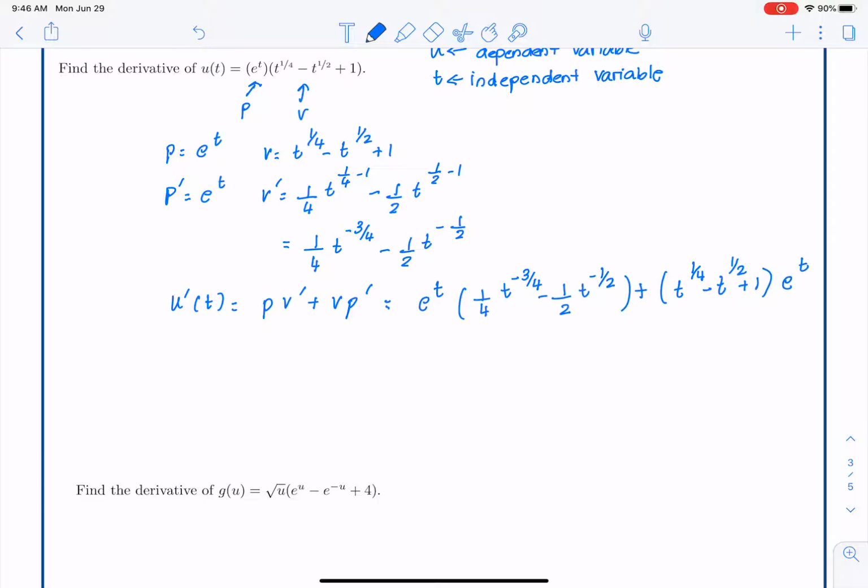We have an e raised to t in common, so I could pull that out, and I would simply have 1 over 4 t raised to negative 3 over 4 minus 1 over 2 t raised to negative 1 over 2 plus t raised to 1 over 4 minus t raised to 1 over 2 plus 1.